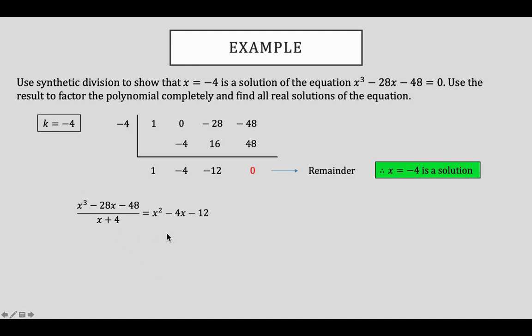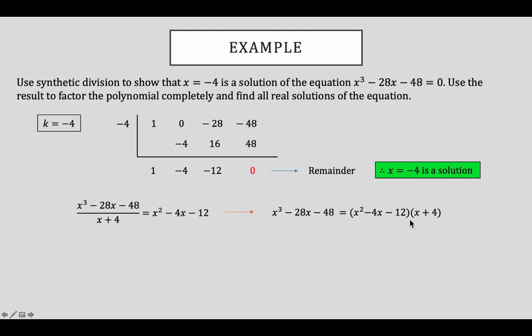We do a little algebraic manipulation, and that tells me that x cubed minus 28x minus 48 is equal to the quantity x squared minus 4x minus 12 times the quantity x plus 4. So on the left-hand side, we have our original cubic polynomial, and on the right-hand side, we have a partially factored form of the exact same polynomial.